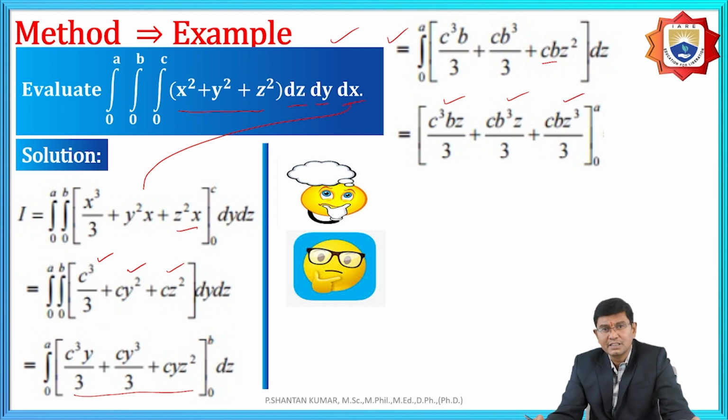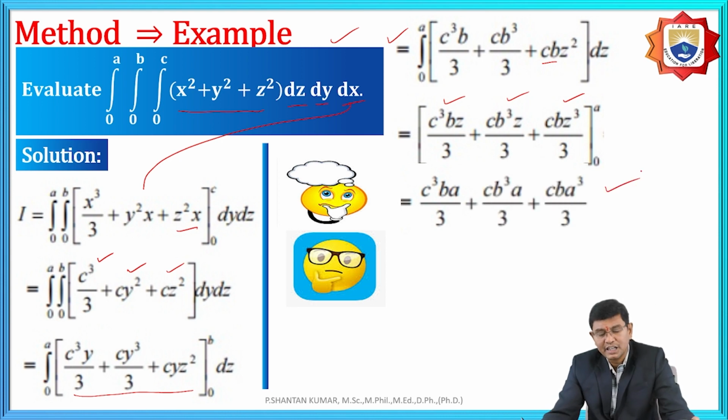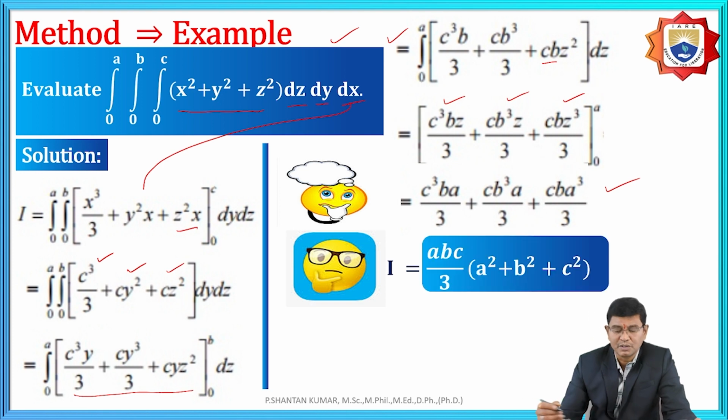By replacement of z equals a as the upper limit and the lower limit 0, after replacement the value will be a c cube b a by 3 plus c b cube a by 3 plus c b a cube by 3. If you take out the common factor, it is abc by 3. Therefore abc by 3 into a square plus b square plus c square is the final solution.